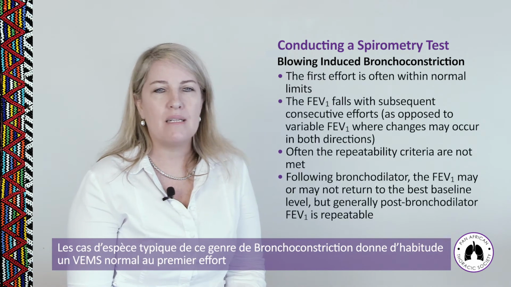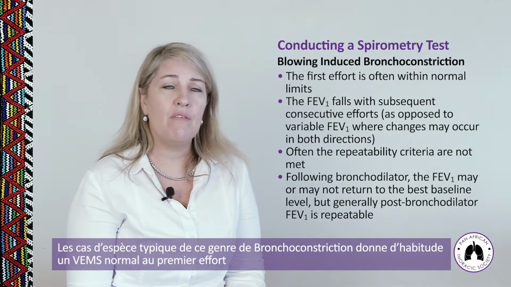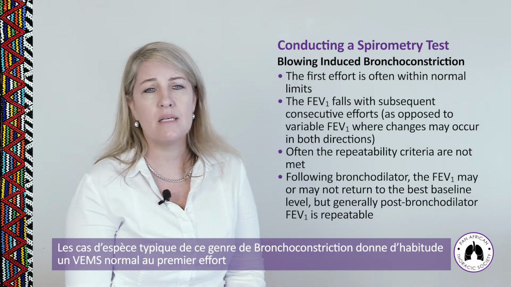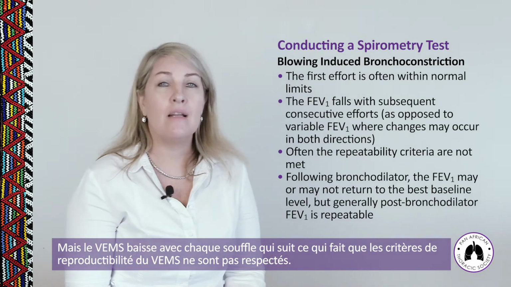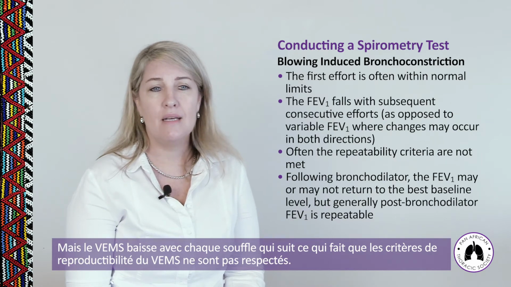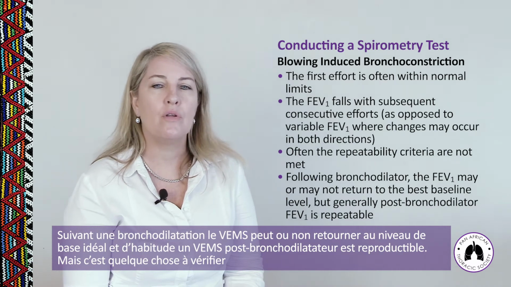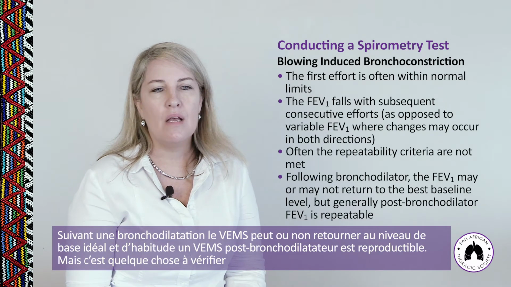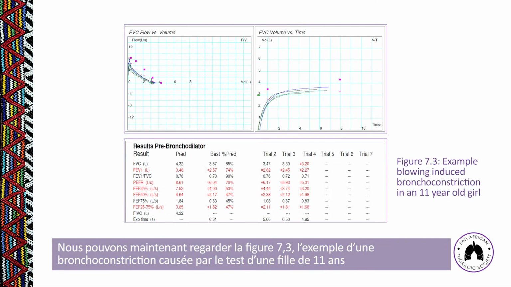The typical pattern seen in blowing-induced bronchoconstriction is that the first FEV1 is often within normal limits, but the FEV1 then falls with each subsequent blow, and often in that case the FEV1 repeatability criteria are not met. Following the bronchodilator, the FEV1 may or may not return to the best baseline level, but you need to have a look at that.